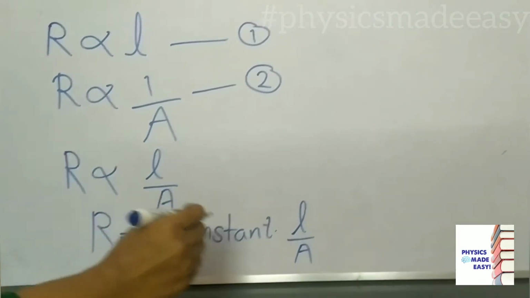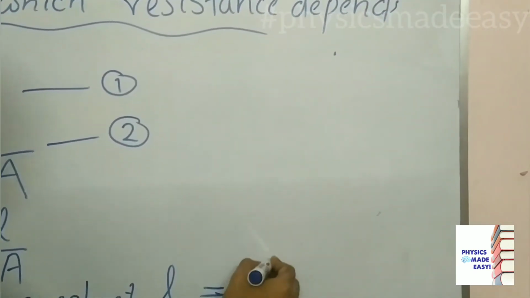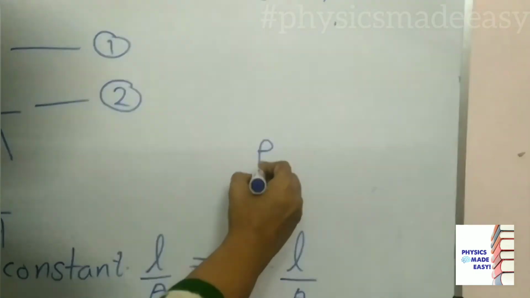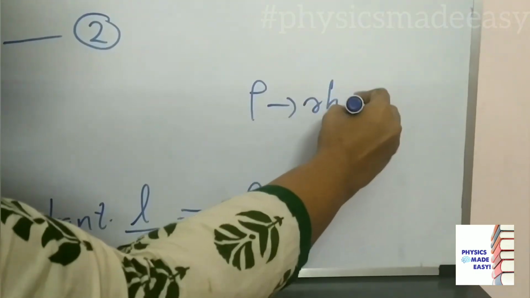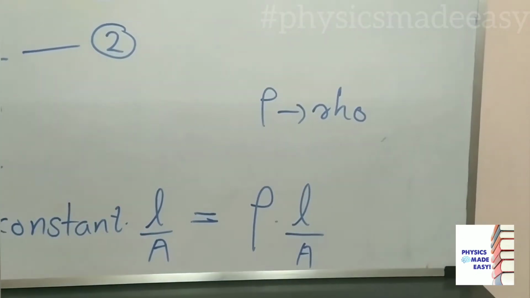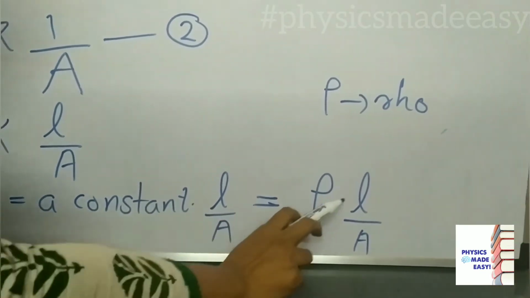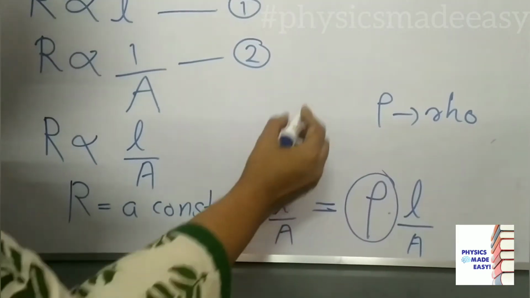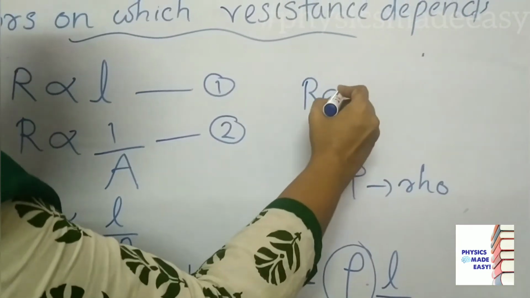Here this constant we can write as rho. R is equal to rho into L by A. We can call this rho as resistivity.